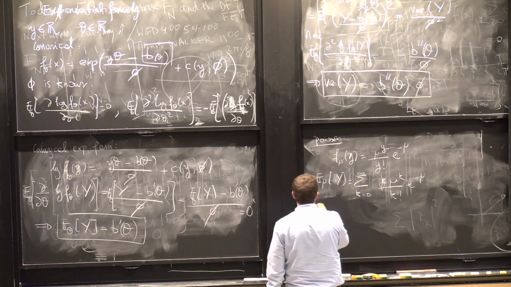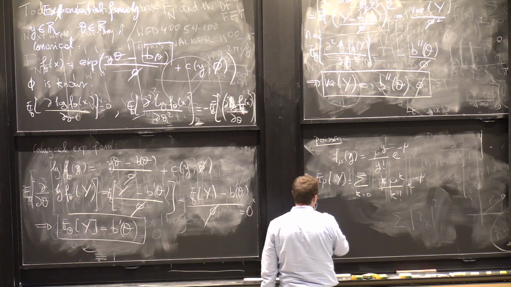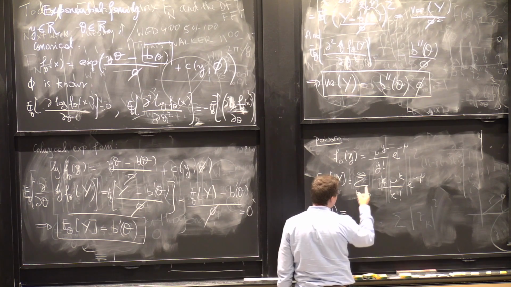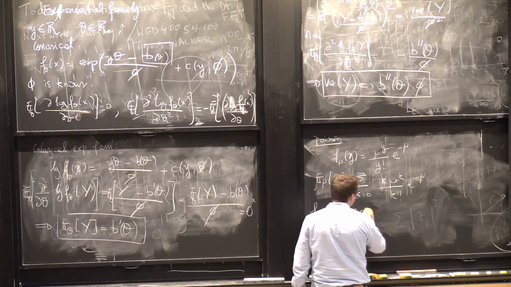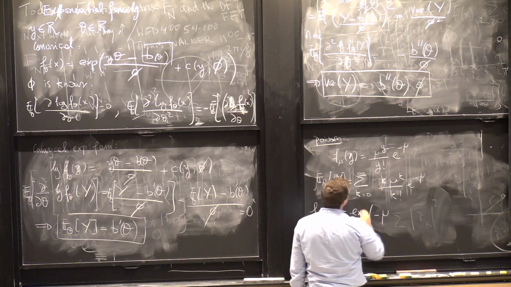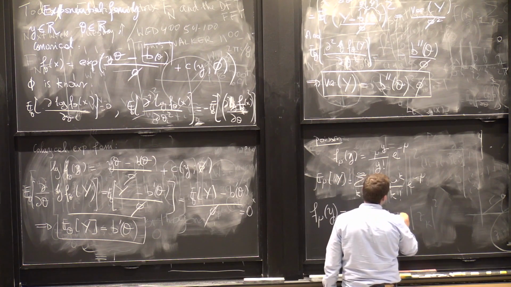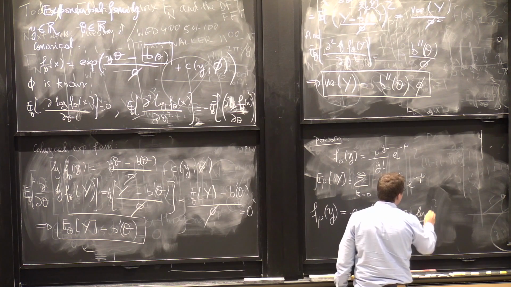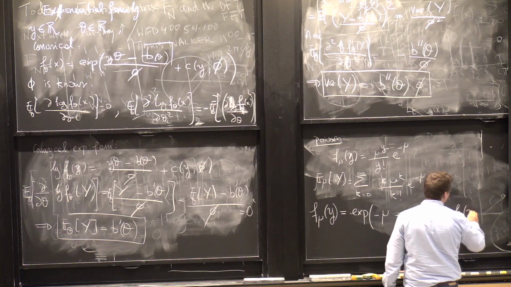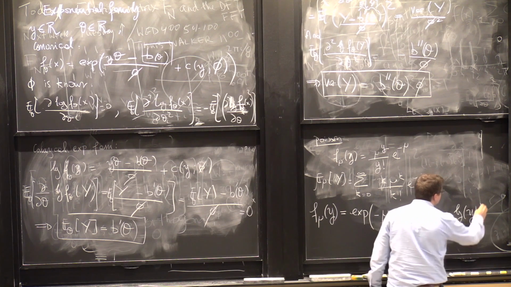So let's write this and check that this f mu indeed belongs to this canonical exponential family. So I definitely have an exponential that comes from this guy. I have minus mu, and then this thing is going to give me plus y log mu, and then minus log of y factorial.